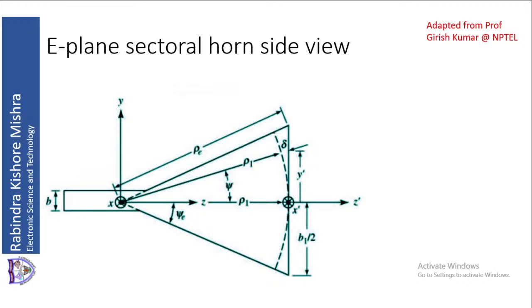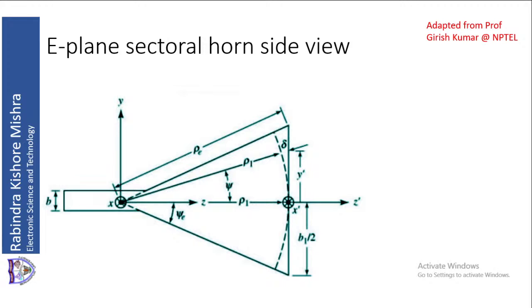Then those two lines, you can see in the figure, there is a dashed line which is the extension. The dashed lines of these two edges will meet at a point within the waveguide. That point we call the phase center of the E-plane sectoral horn antenna.